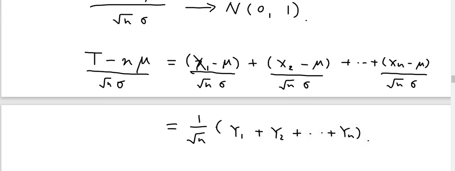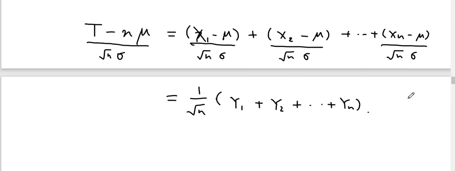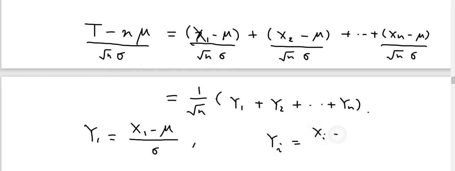Okay, so what are Y1, Y2? Y1 is equal to X1 minus mu divided by sigma. In general, Yi is just Xi minus mu divided by sigma.